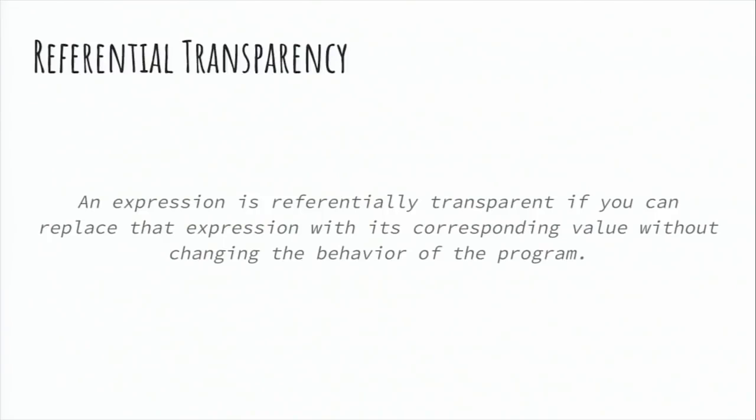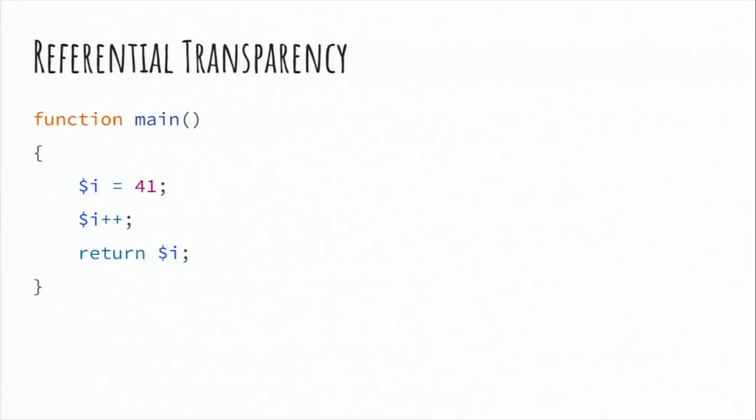So the definition is that an expression is referentially transparent if you can replace the expression with its corresponding value without changing the behavior of the program. For example, we have here a main function that calculates the meaning of life, and there's this expression that evaluates to 41 because it's a post increment.